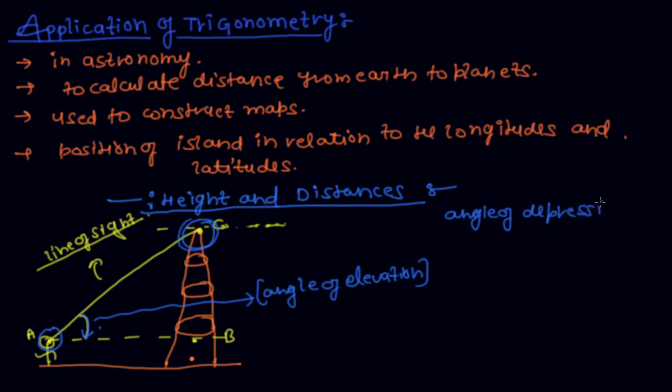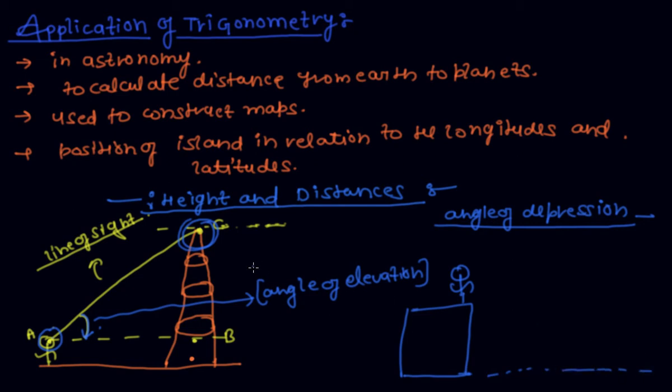Now the second case, the angle of depression. A girl is at the height of a floor, in the balcony of a flat or apartment, and she looks at a football on the ground.